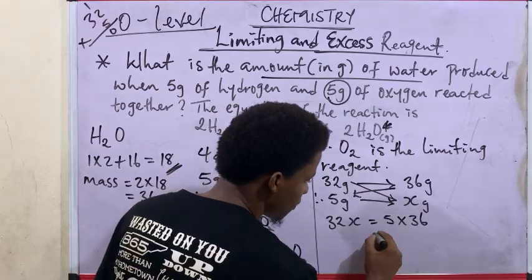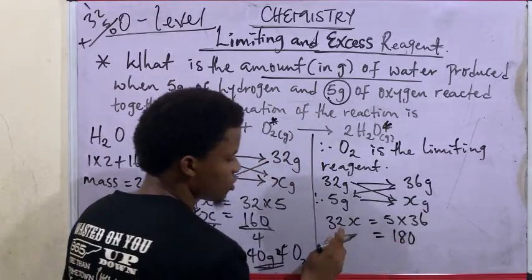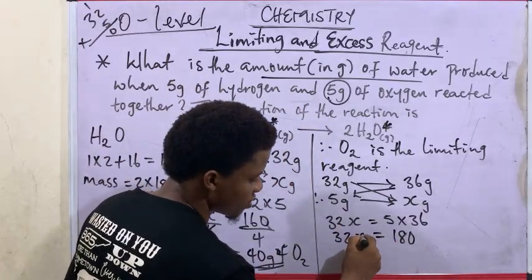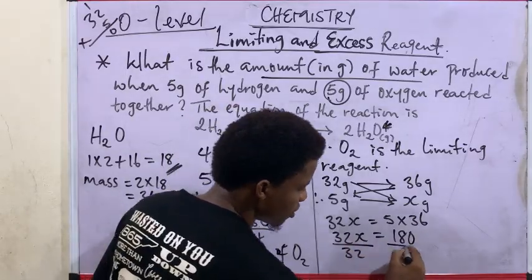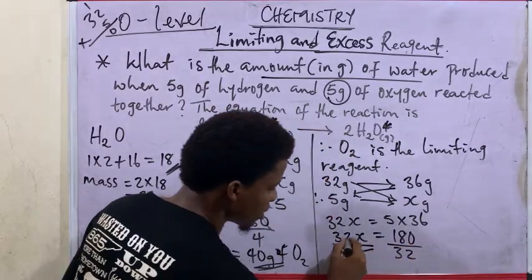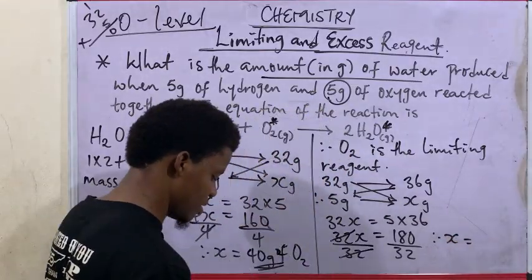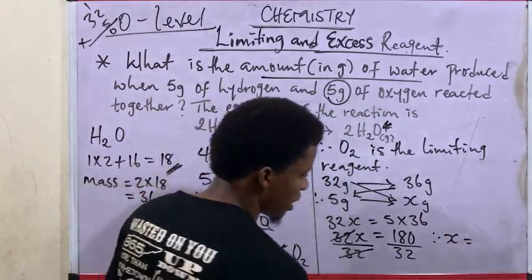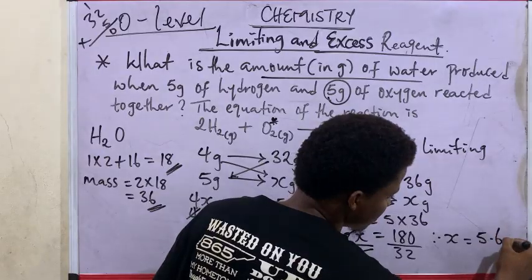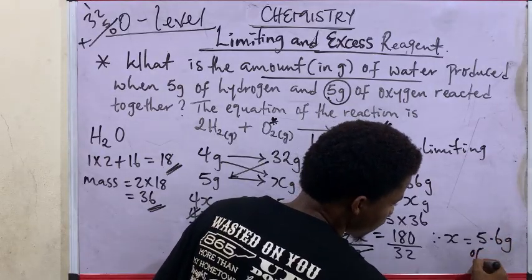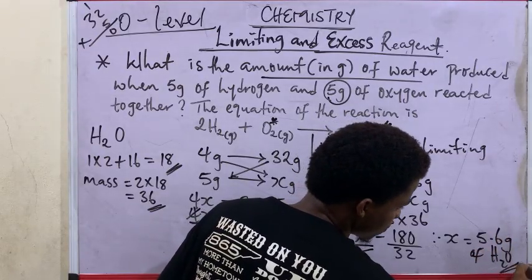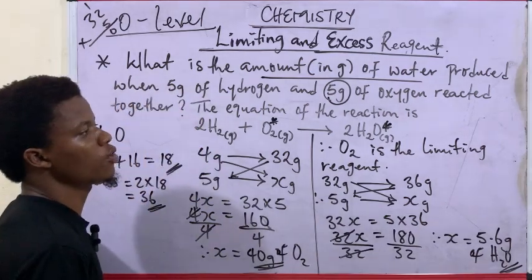So 32x, divide both sides by 32. So 32 cancels out 32. Therefore, our x is equal to 180 divided by 32. That is 5.6 gram of H2O that will be formed. So the mass of water that will be formed is 5.6 gram of water.